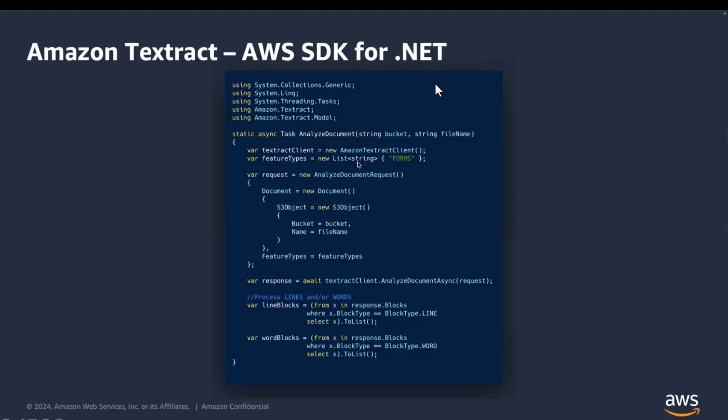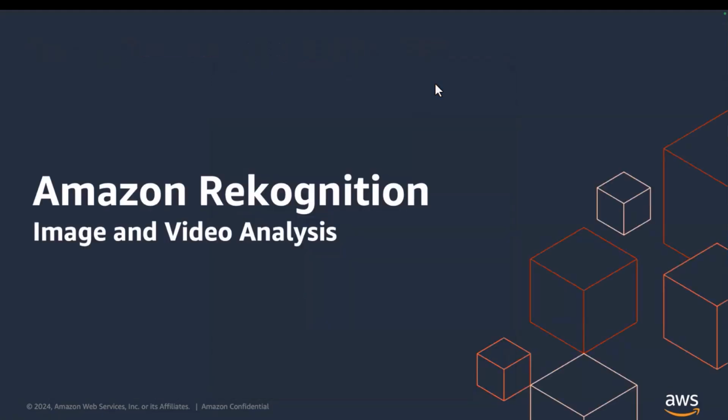But as I mentioned, you create a client calling a new Amazon Textract client, and like I mentioned, that's just essentially a NuGet package that you install, and then with the parameters that are appropriate for the call that you want to make. In this case, it is AnalyzeDocumentAsync with a simple request object. You'll get a response back. And this pattern is exactly the same for basically all of our services.